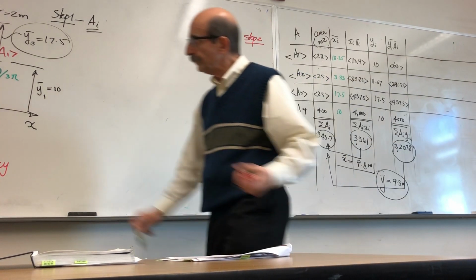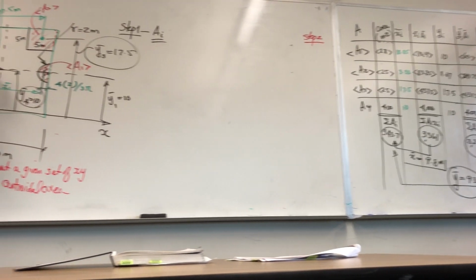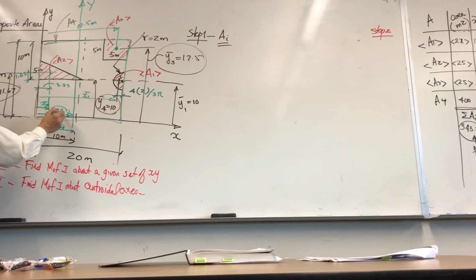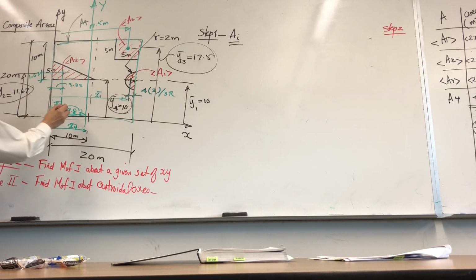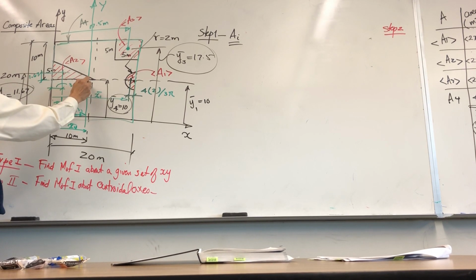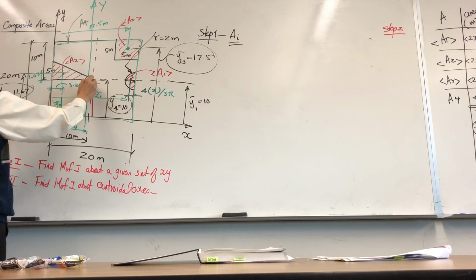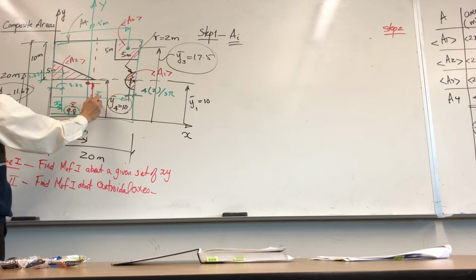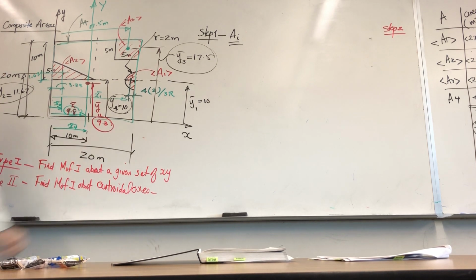So that means the centroid is located at, this is 10, and I will label that with red. This was 9.8 for x bar. For y bar, this is y bar, which is 9.3.